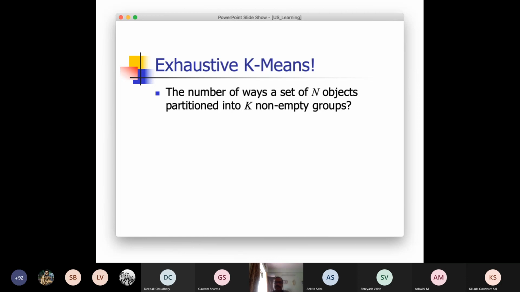So as you can see, you can do it exhaustively. You can enumerate each and every combination. Each partition is a particular grouping, and you compute the sum of squared errors and then choose the one which is the minimum. That is an exhaustive k-means algorithm.